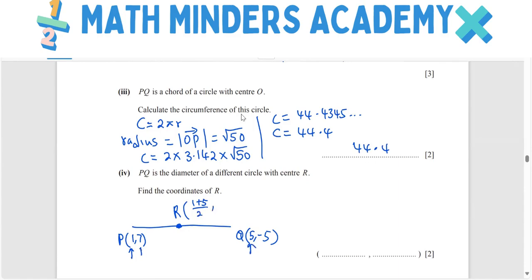You take the y value here, which is 7, add it to the y value here, which is minus 5, and divide by 2. 1 plus 5 is 6, 6 over 2 is 3. 7 minus 5 is 2, 2 over 2 is 1. We are asked to find the coordinate of R, so we write 3 here and 1 here. So we've seen that.